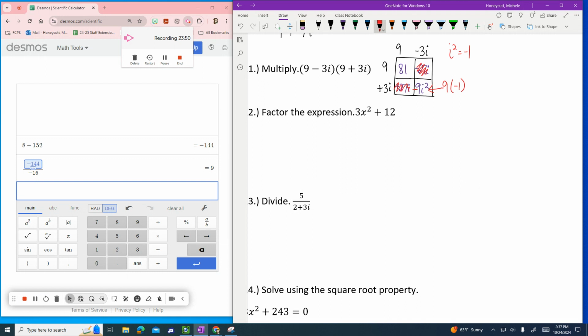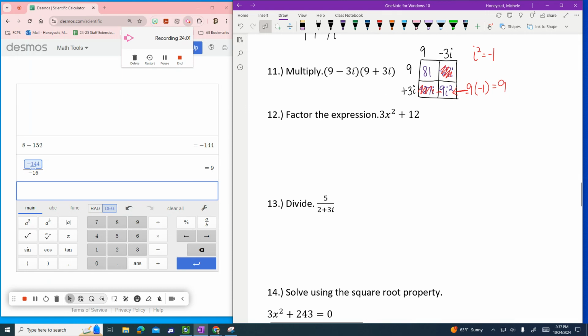So it's negative 9 times negative 1, which is positive 9. So really this entire expression is 81 plus 9, which is 90.